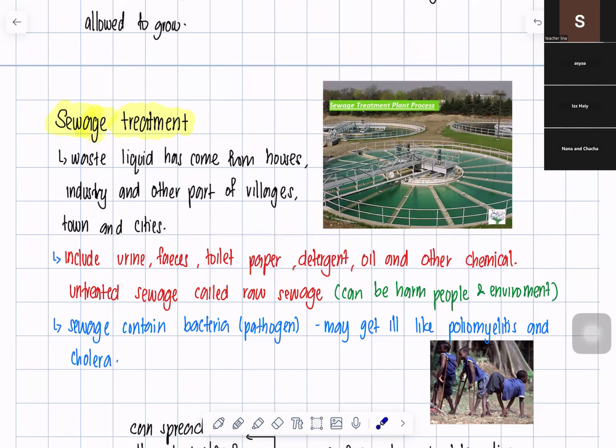Untreated sewage is called raw sewage. It can harm people and the environment.